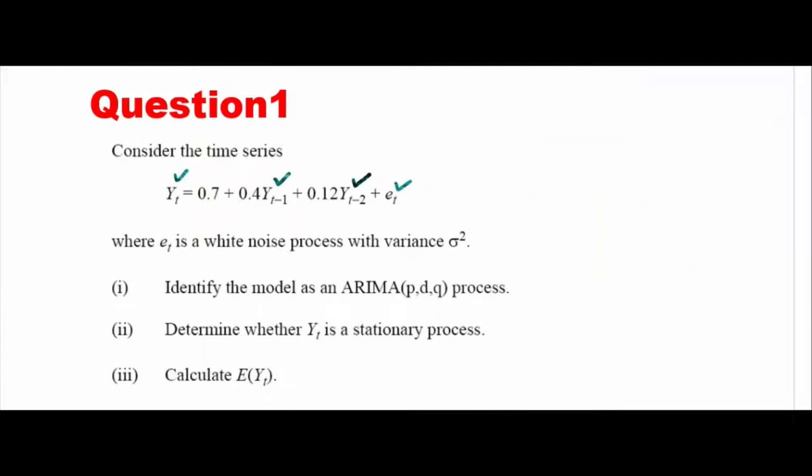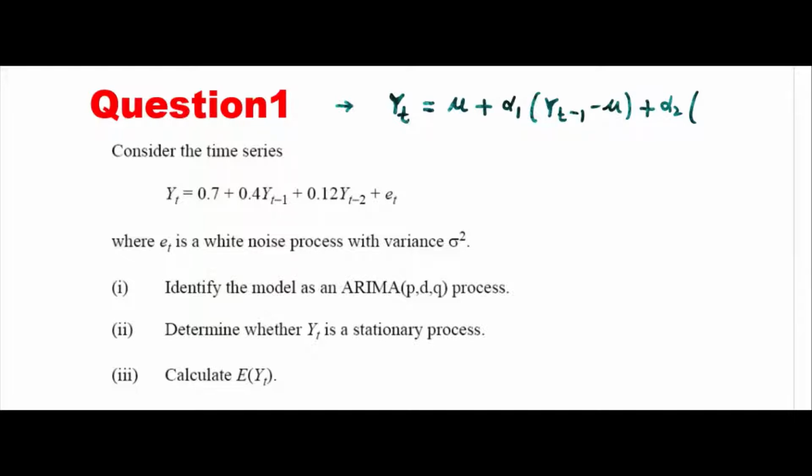That's fine. What is mu here? From this question, can you say what mu is? It is the average of the process. If you want to write it this way, you have to write alpha 1 times (Yt minus 1 minus mu) plus alpha 2 times (Yt minus 2 minus mu). Either there will be nothing here, so 0 will be here, or there will be something that might not be mu.